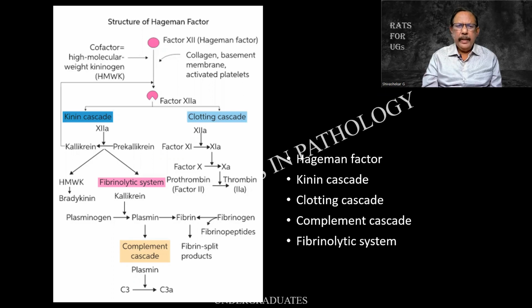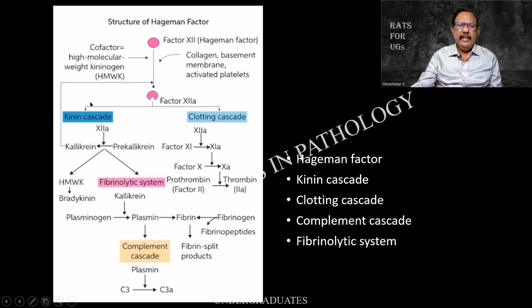Now, this particular flow diagram is the key for the answer. This is something that we should never miss, and there is a logical sequence which the student should follow. Now, there are multiple systems in it. First, there is the Hageman factor, so there is a clotting system that has been operated.